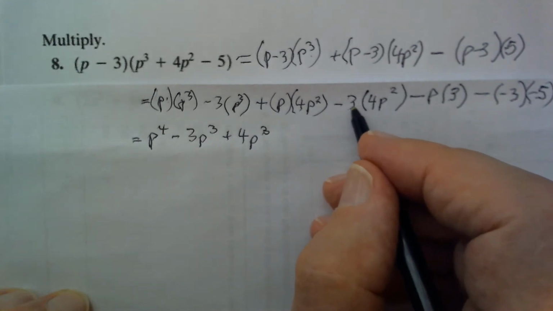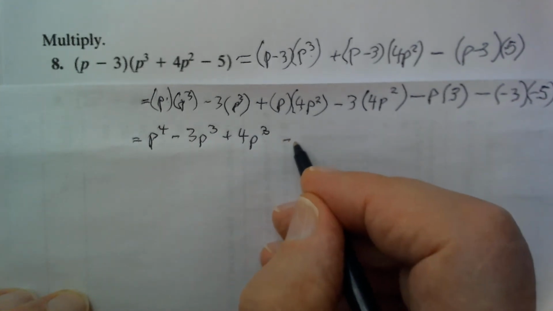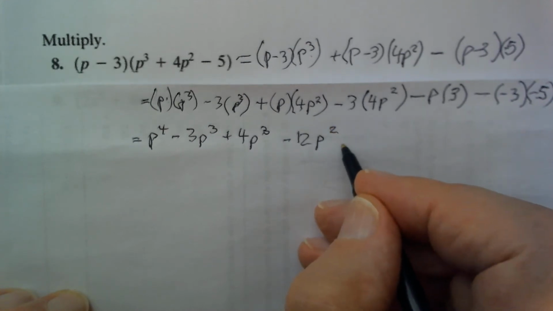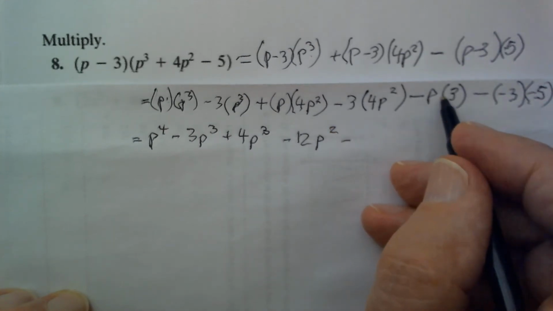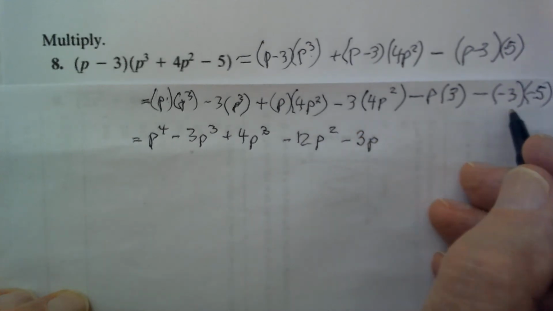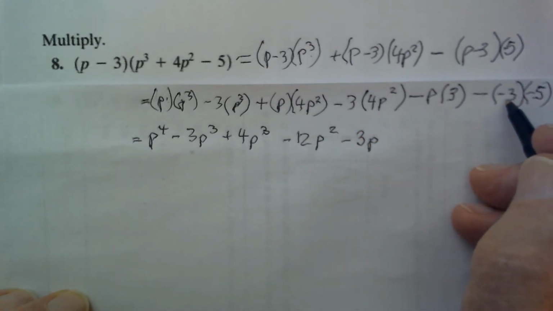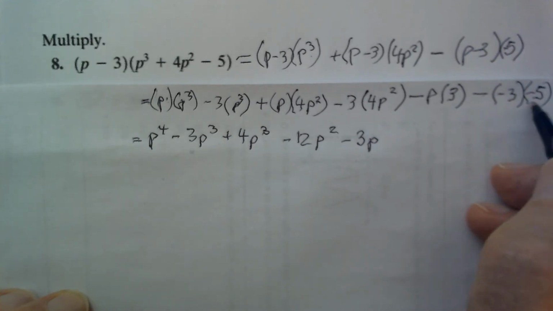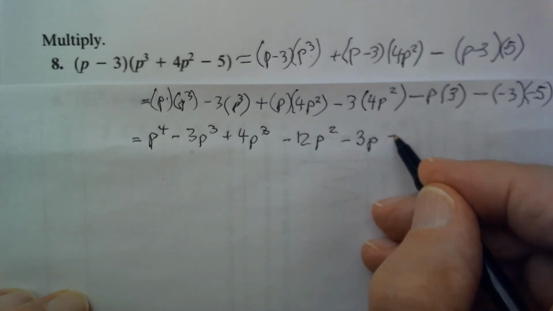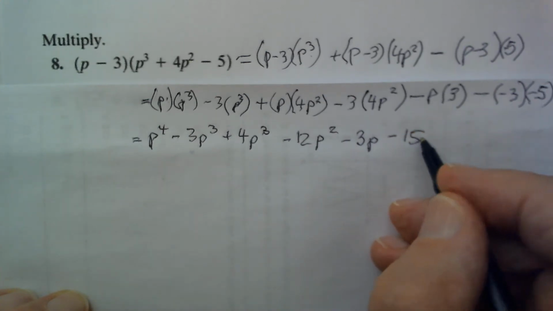And then minus 3 times 4 is minus 12p squared. And then we have minus p times 3, so minus 3p. And now we need to watch out for the minus sign. Minus 3 times minus 5 is positive 15, but it has a minus sign, so it becomes minus 15.